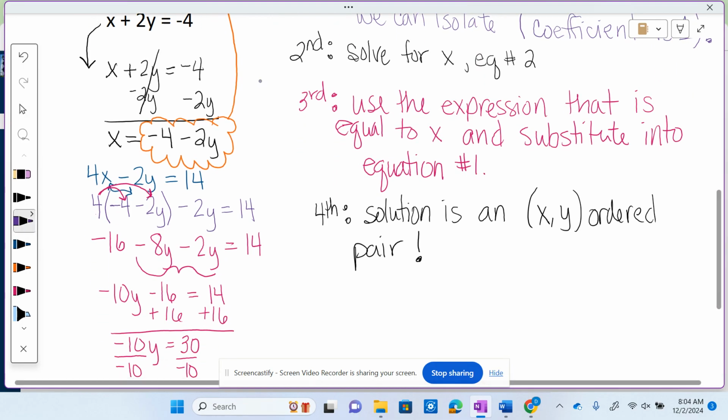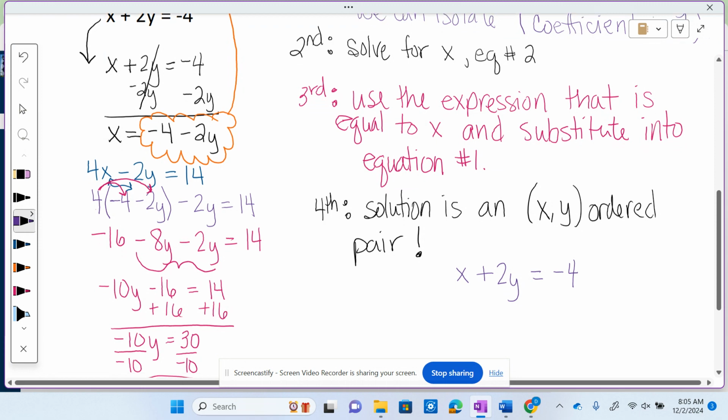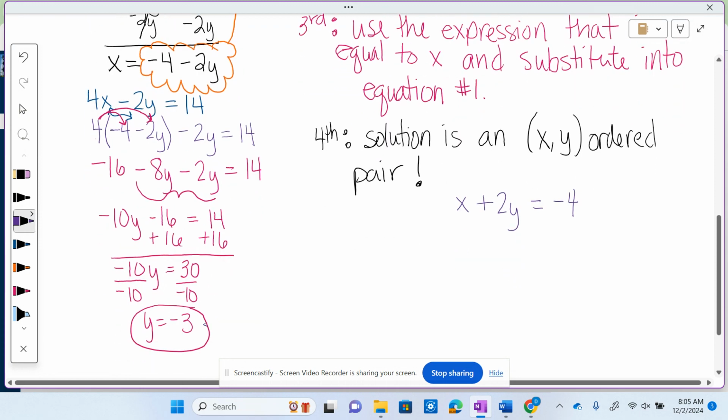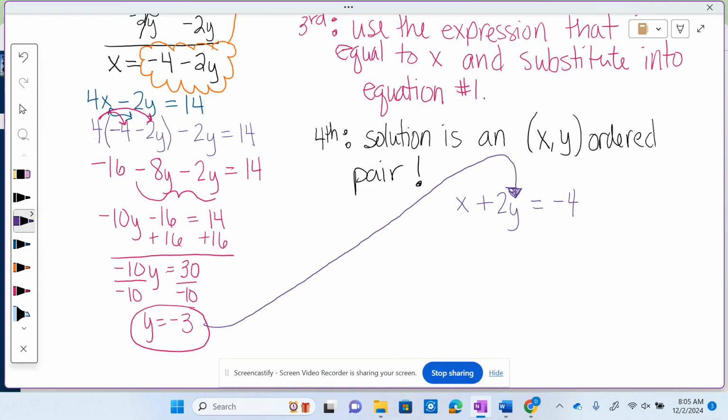Okay, so we're going to take the equation x plus 2y equals negative 4, and I am going to take the value of y, and I'm going to plop it right there. That'll allow me to solve for x.